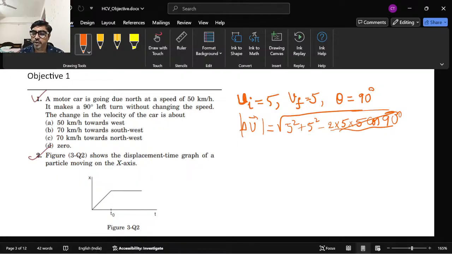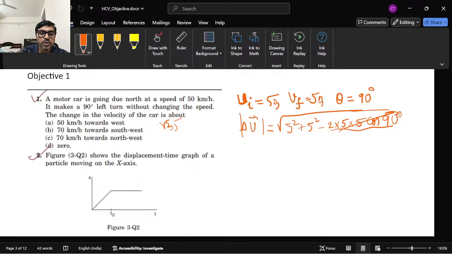Then you have root of 5 square plus 5 square, root 2 into 5. Root 2 is 1.414. So 1.414 into 5. If 5 in the sense 50, let's take that 50.